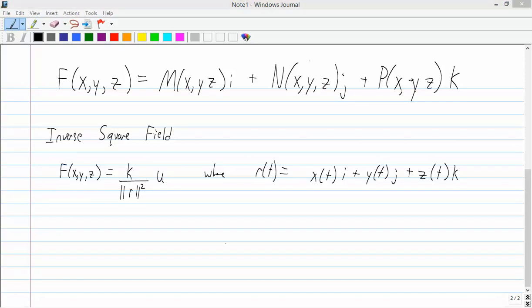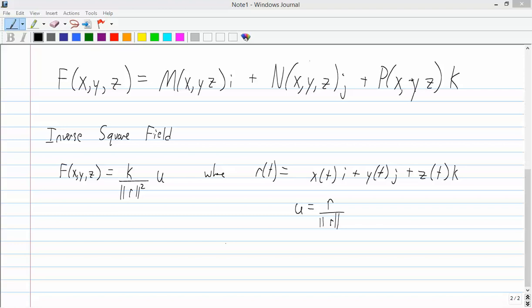And of course, you know what u is, right? What does u stand for usually? That's going to be the unit vector in the direction of r. So that's r divided by the magnitude of r. All right, so there's an inverse square field.